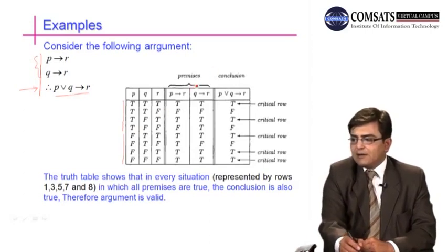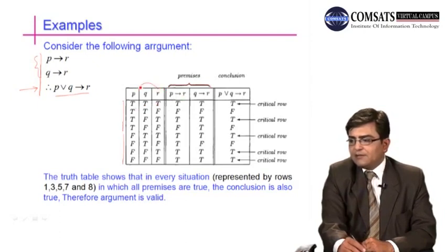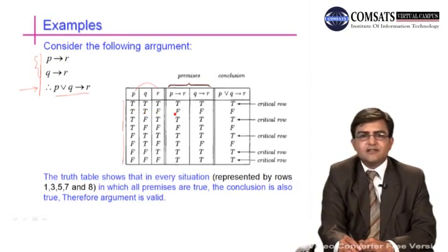Now we construct the truth table for the premises. These are the 2 premises we have constructed. P implies Q, you know the conditional statement and all its possible truth values. If P is true and Q is true, then the conditional statement is true. If P is true and Q is false, then the conditional statement is false.